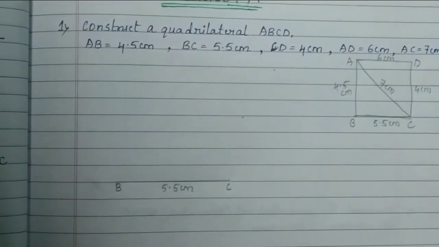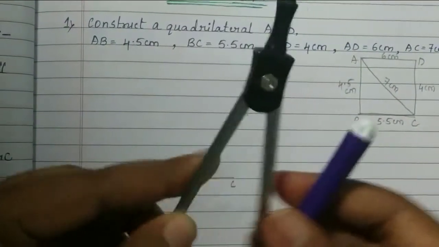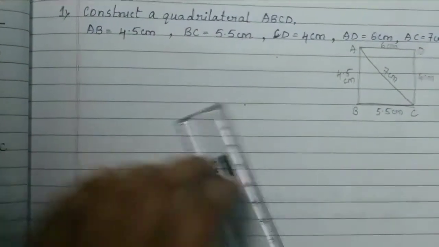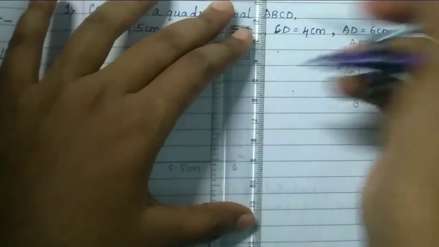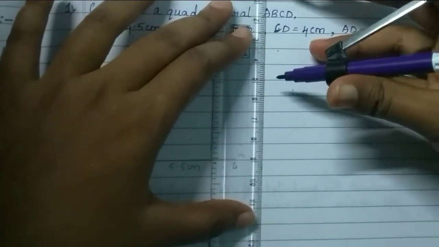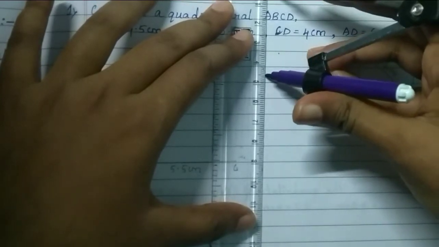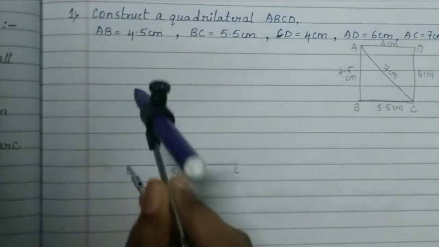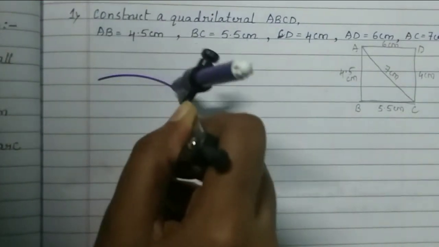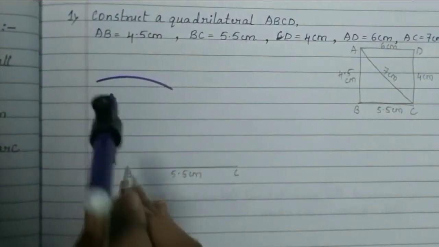So we will take our compass and we will take the measurement of 4.5 centimeter. Keeping the point on B, we have to just cut an arc here which is of 4.5 centimeter.